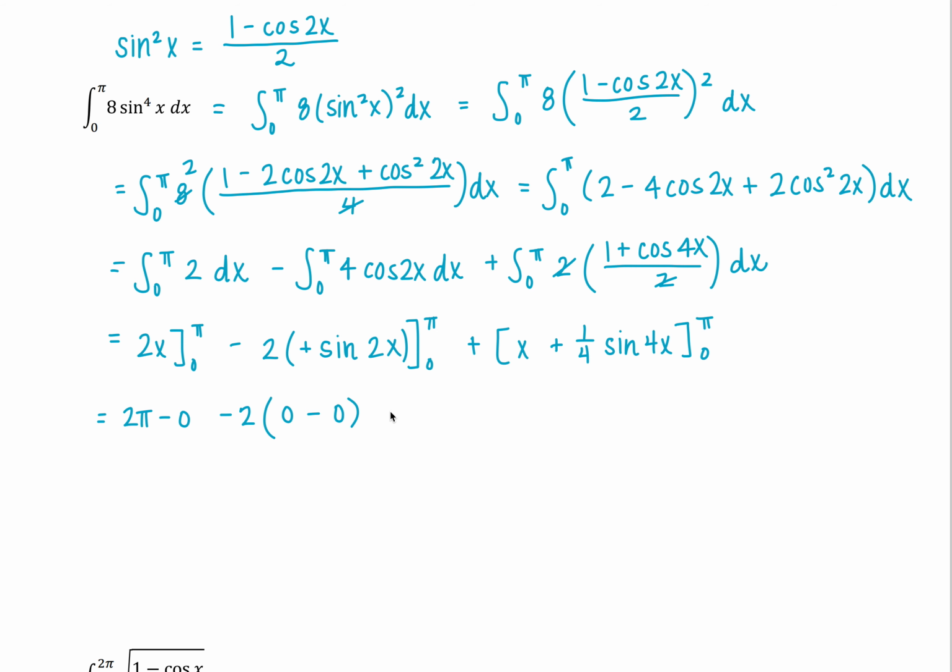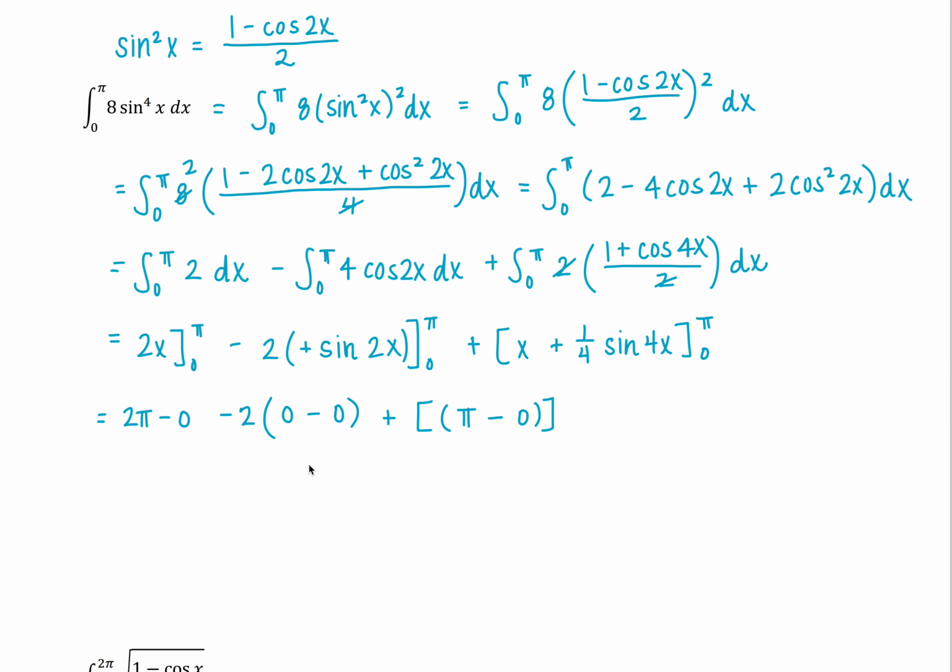Then over here, I've got pi plus 1/4 sine of 4 pi. Well, sine of 4 pi is 0, so 1/4 times 0 is 0, so it just leaves me with a pi. Minus 0. Again here, plugging in a 0 for x, sine of 4 times 0, sine of 0 is still 0. So we've got pi minus 0.